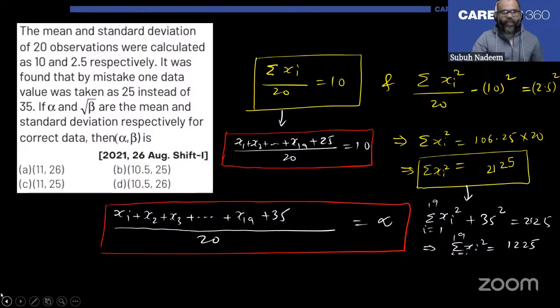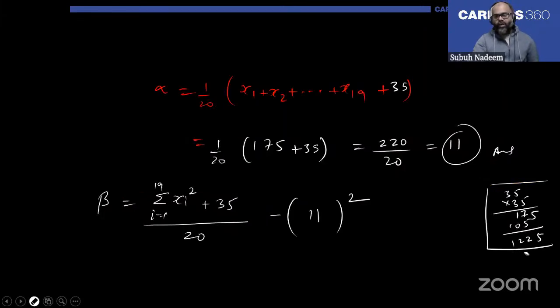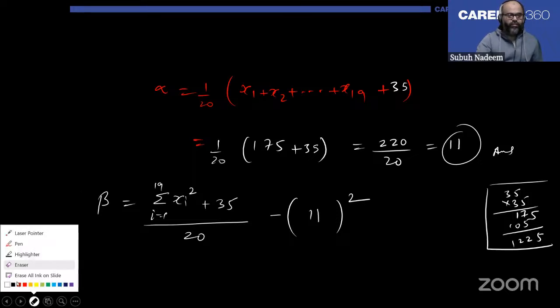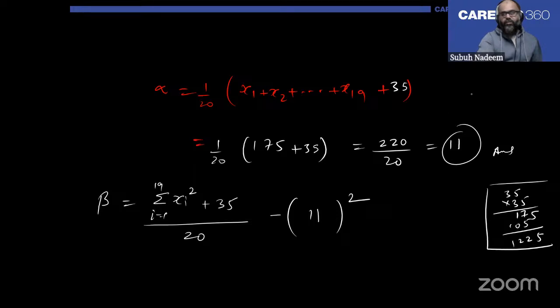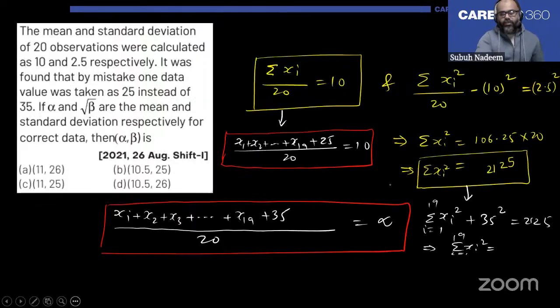This is 35 square, and if you subtract this 35 square from 2125, so 2125 minus 1225, what you will get is 900.